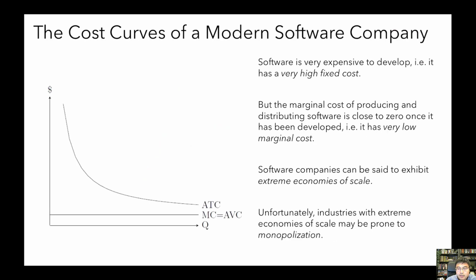Okay. All right, so far the cost curves that we've been looking at have been textbook examples of what you might call a typical firm, if by typical we mean a typical manufacturing firm.